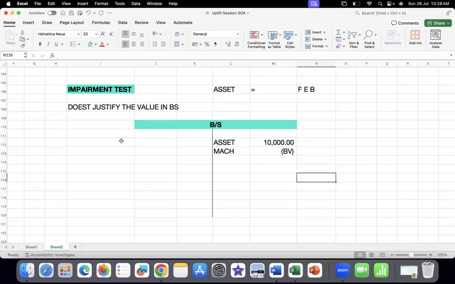Then, अगर ये justifiable नहीं है, तो क्या justifiable है? So the carrying amount is justifiable. Sorry, not the carrying amount, the cash flow amount.